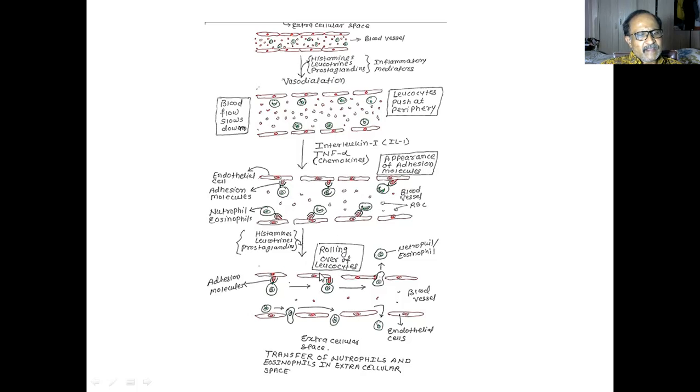If the endothelial cell is rolling, the endothelial cell will throw the attached cell out into the extracellular space. Okay, this is adhesion, meaning adhesion molecules form and leukocytes get attached to the endothelial cell. This is the adhesion mechanism, and this is the mechanism of rolling over of leukocytes. Okay, the endothelial cell sends the leukocyte into extracellular spaces by the rolling over process. Transfer of neutrophil, eosinophil, and monocyte into extracellular space.